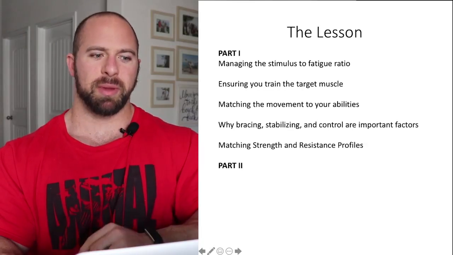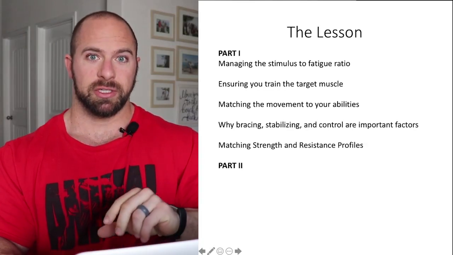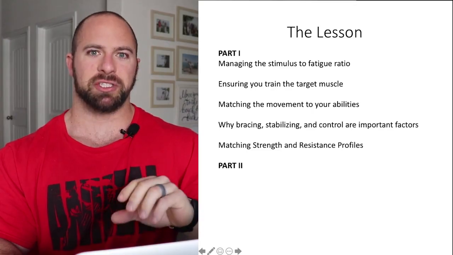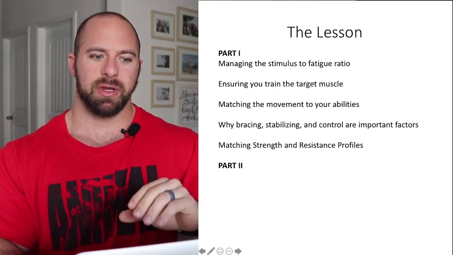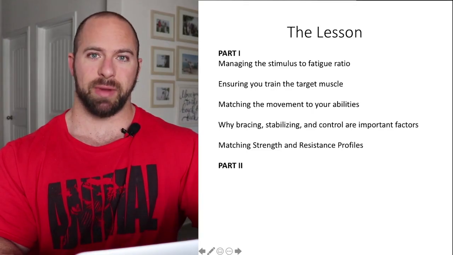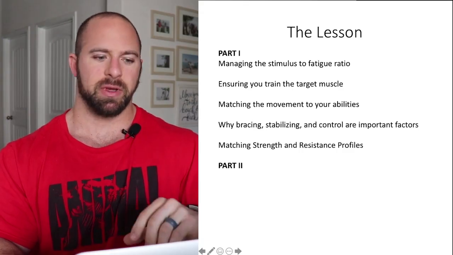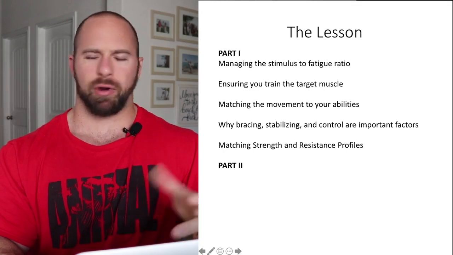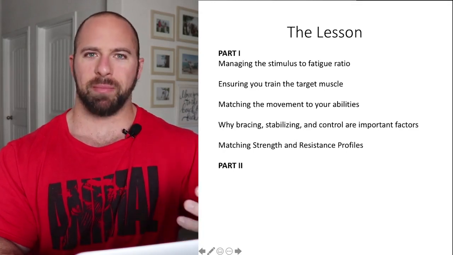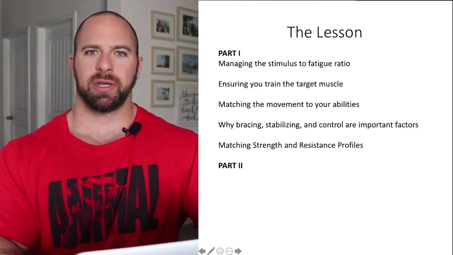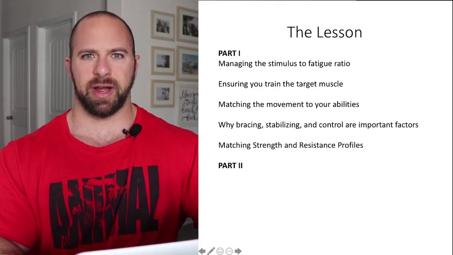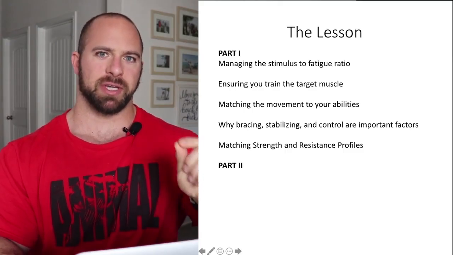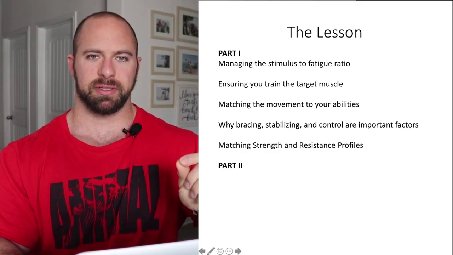So this lesson is going to be broken into two parts. In this first part, we're going to go through managing stimulus to fatigue ratio, ensuring that you do train the muscle that you intend, the target muscle. Matching the movement to your own abilities. Why bracing, stabilizing, and control are important factors. Then also looking at strength curves, resistance profiles, and seeing how we can pair those together to make the most of this.